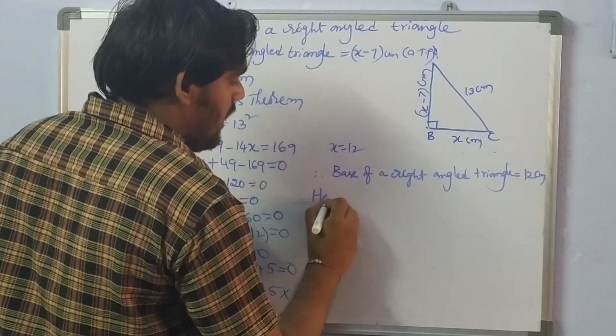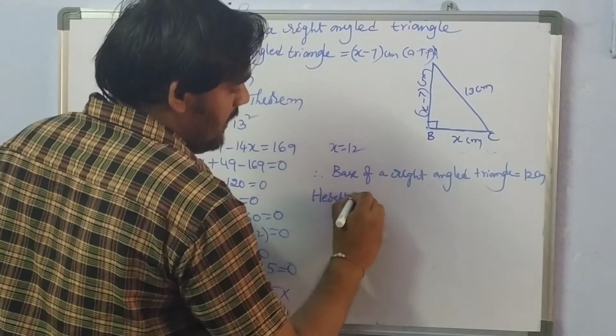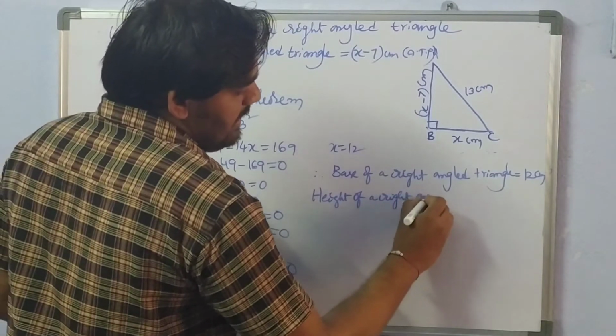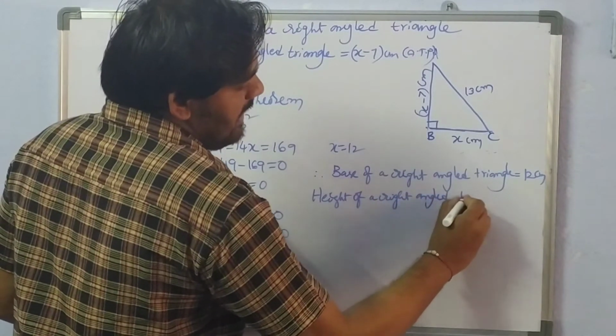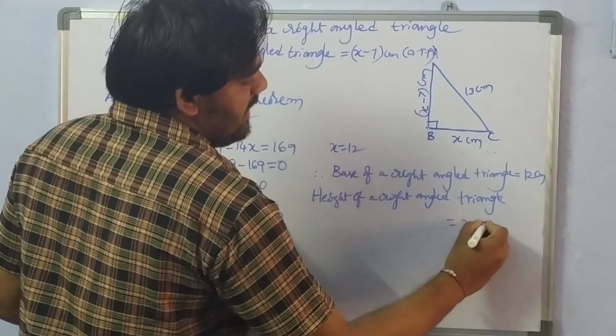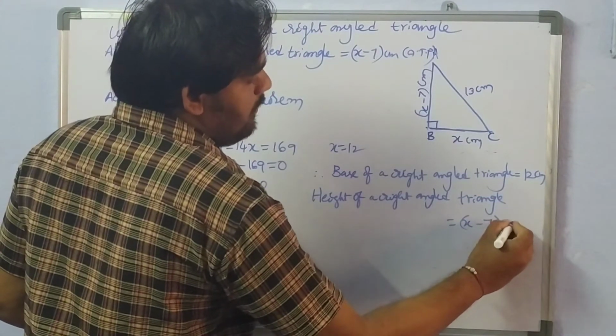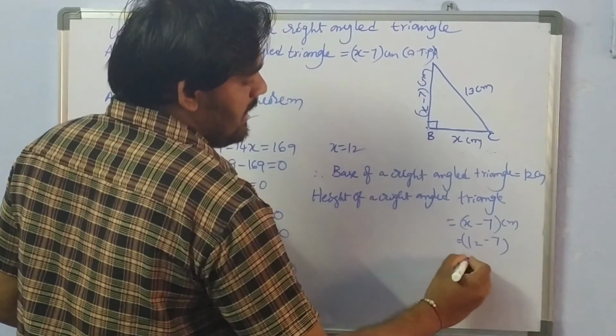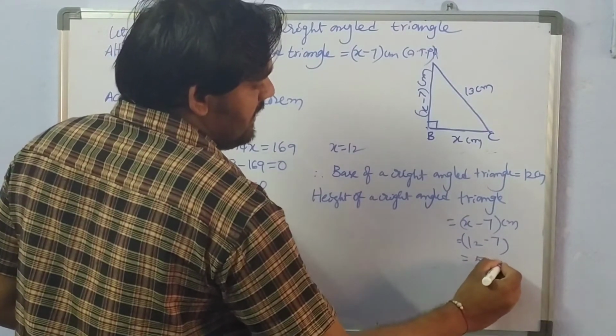The height or altitude of the right angle triangle is equal to x minus 7 centimeters in the problem. So 12 minus 7 centimeters. What will you get? You will get 5 centimeters.